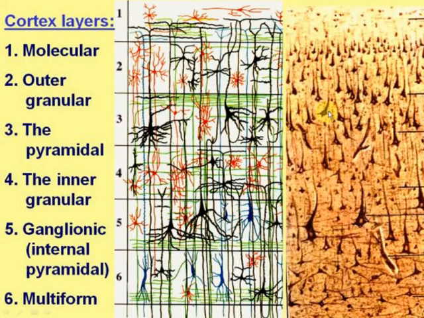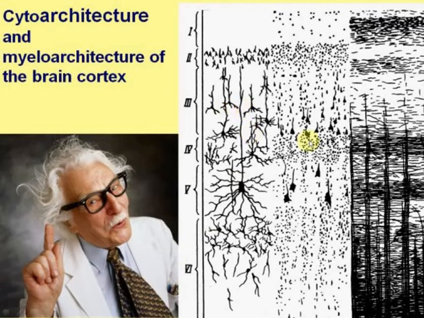The third is the pyramidal layer. It consists of middle-sized pyramidal neurons. The inner granular layer consists of numerous stellate neurons. The fifth, ganglionic or internal pyramidal layer, consists of very large pyramidal neurons. The sixth layer is the multiform layer. It consists of small neurons of different shape.